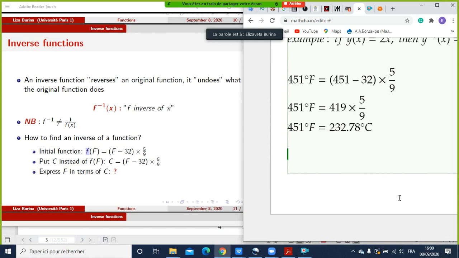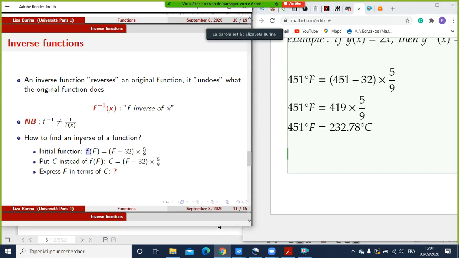Given we have something in Celsius, for example, for those of you who are used to Fahrenheit, you will be like, well, I can see the weather forecast saying 22, but what does it actually mean? So that's why we need to find an inverse. Let's go step by step according to what I've written here. So the initial function: put c instead of f. Okay, so that's what we get.